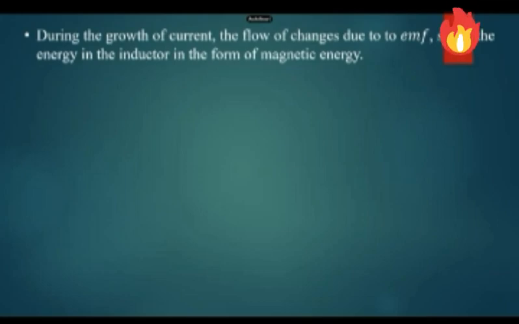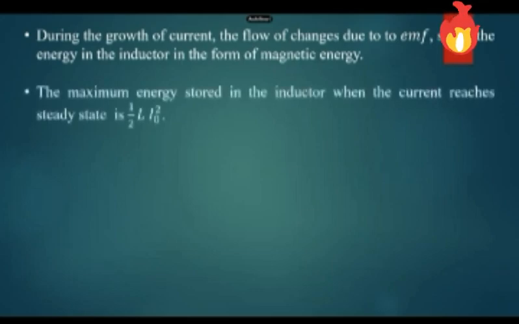The maximum energy stored in the inductor when the current reaches steady state is given by half L I naught square, where I naught is the maximum current. So when the current becomes steady, maximum energy is stored in the inductor, and that maximum energy is equal to half L I naught square, the expression for the maximum energy stored in the inductor during the growth of current.